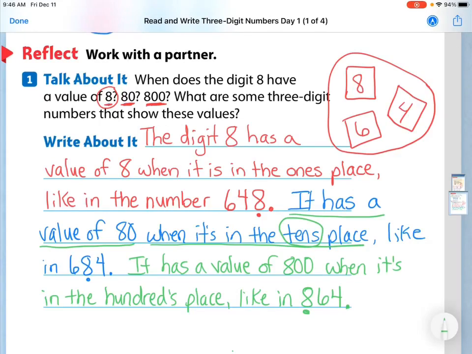And then I wrote my last sentence in green. I said it has a value of 800 when it's in the hundreds place. And then my example number was 864, and you could have written 846 using those 3 digits.